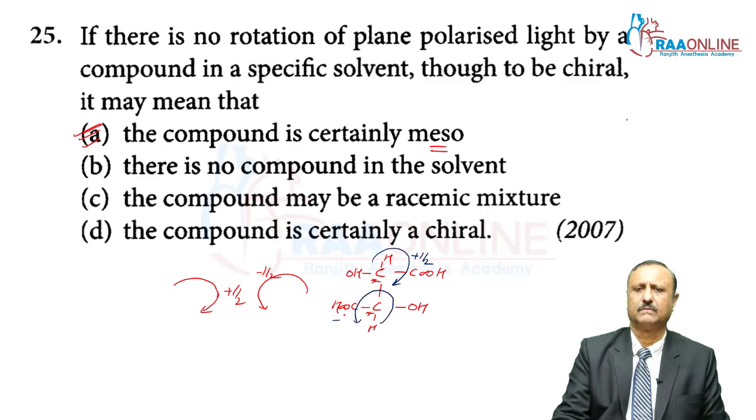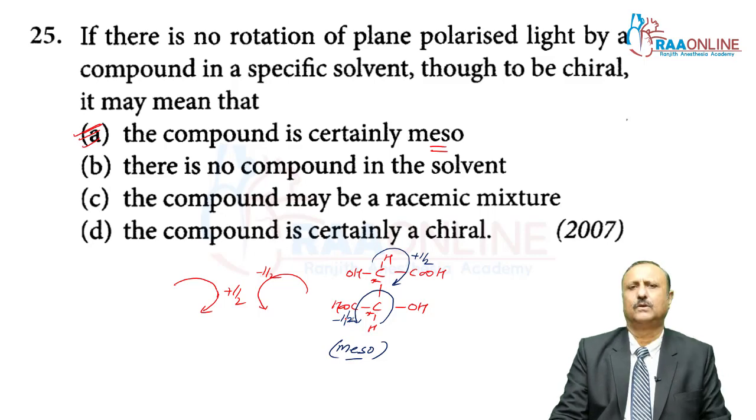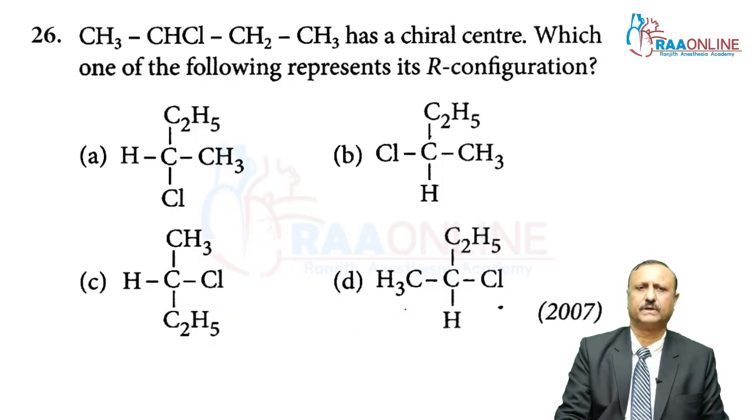It means both cancel each other, so the optical activity is cancelled. This type of compound is called a meso compound. Due to the formation of this meso compound, you can go to answer A, because meso compounds are optically inactive. Now, we can discuss question number 26.